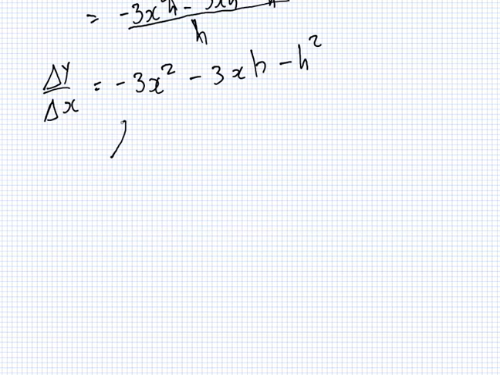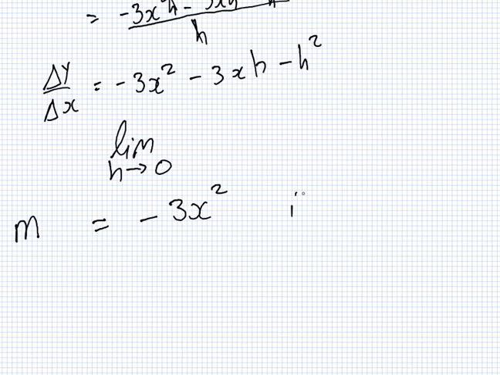So now you just make limit h goes to 0. So in that case, what would you get here? Minus 3x squared. Now if I put x as 1, what number do I get here exactly? Minus 3. What letter represents slope? M. Okay, so this is the formula for the slope if you know x, the point.